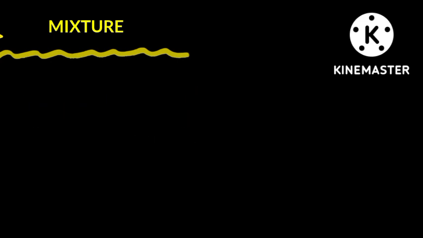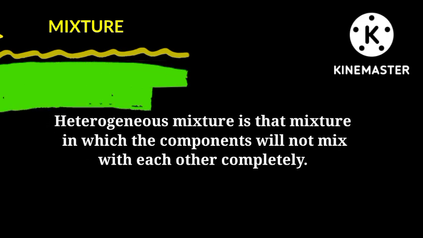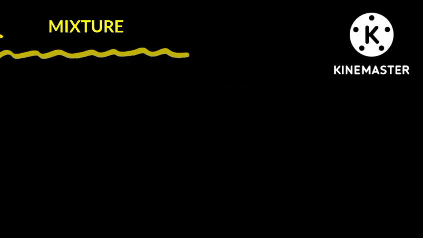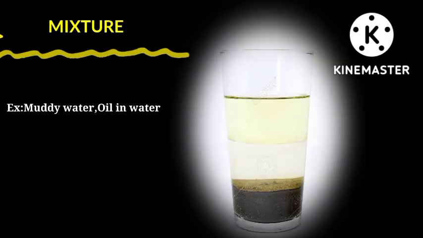Heterogeneous mixture. A heterogeneous mixture is that mixture in which the components will not mix with each other completely. For example, muddy water or oil in water. Observe this. It contains water and sand.